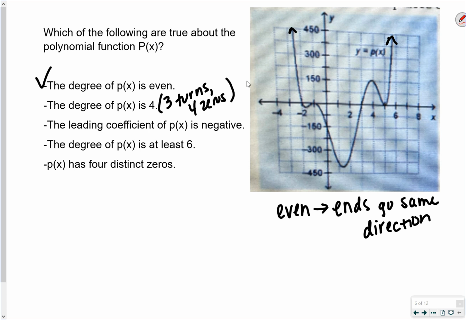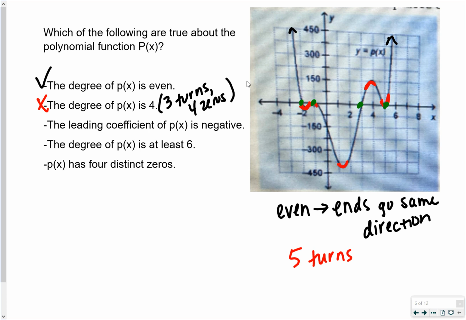I have here's 1 term, here's 2, here's 3, here's 4, here's 5. I have 5 terms. So it cannot be a degree of 4. Even though I might only have 4 zeros, I only cross the x-axis 4 times. 1, 2, 3, 4. I turn around too many times for it to be a degree of 4.